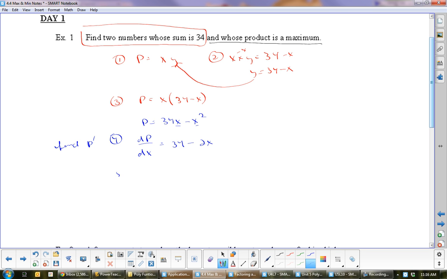Now, find the max. And max is going to occur when dp over dx equals 0. So 0 equals 34 minus 2x. 2x equals 34. x equals 17.